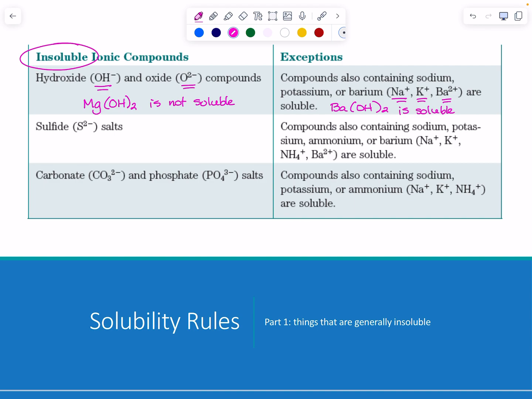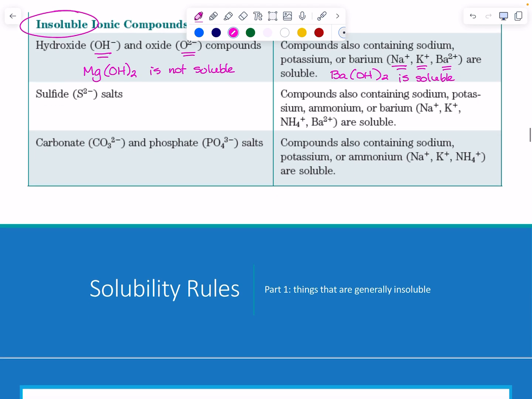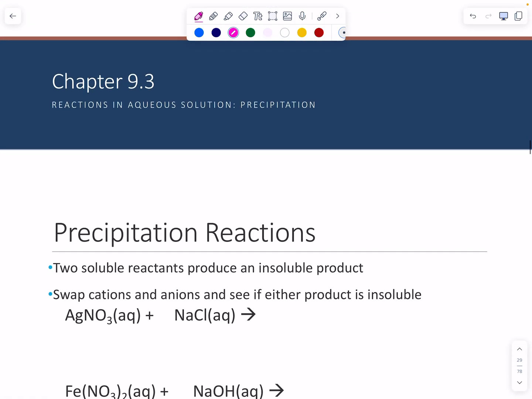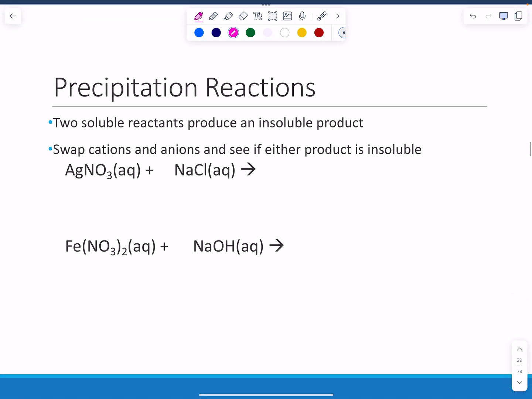So, when we are combining chemicals that are in solution, reactions can occur that change the solubility. So something we call net ionic equations is how we describe those processes. And precipitation reactions are reactions where we have two soluble reactants, and they form an insoluble product.